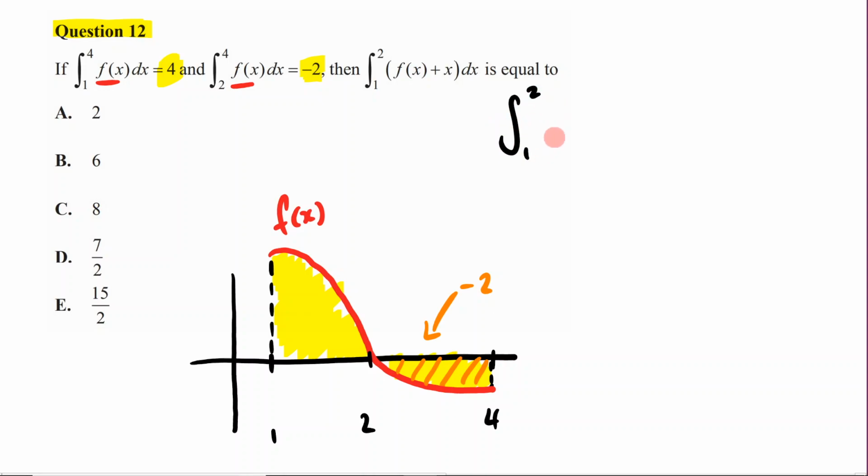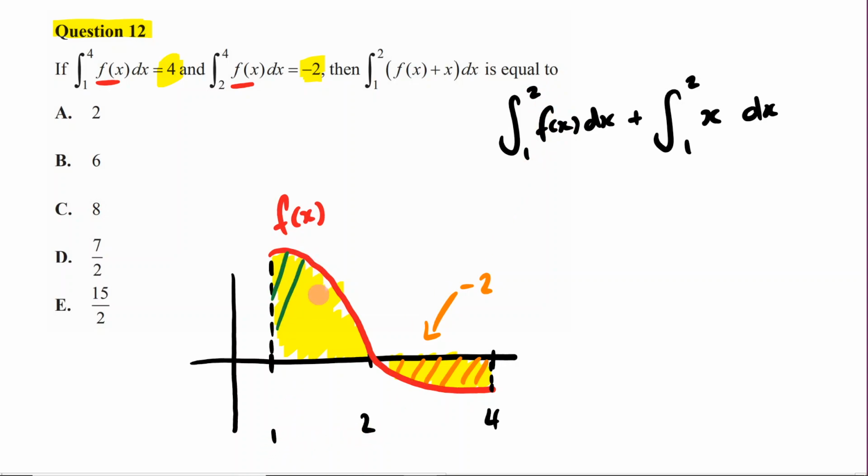So I'm going to go integral from 2 to 1 of f of x dx, plus the integral from 2 to 1, and this will just be x, dx. So I'm just breaking those apart. And now I'm just going to focus on this part right here. So I'm finding f of x from 2 to 1, where here's 2, here's 1.